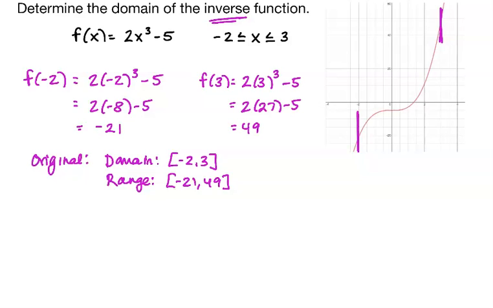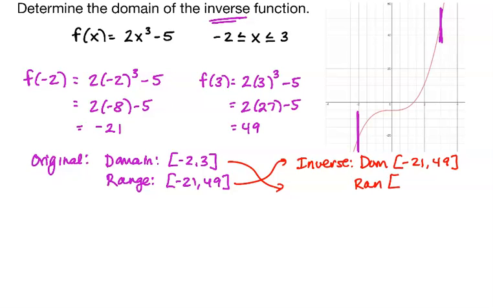Without even coming up with the formula for the inverse function, I'm just going to take these two and switch them. So for our inverse function, the domain is going to go from -21 to 49, and the range is going to go from -2 to 3.